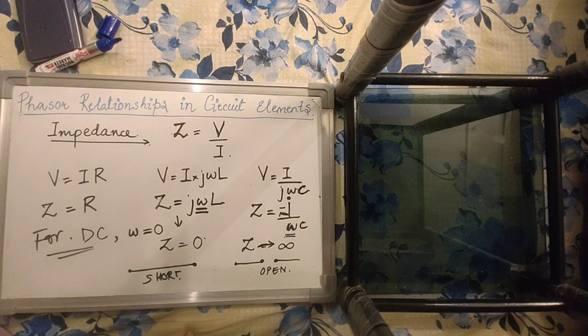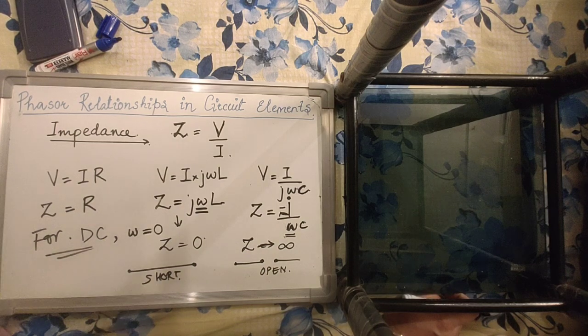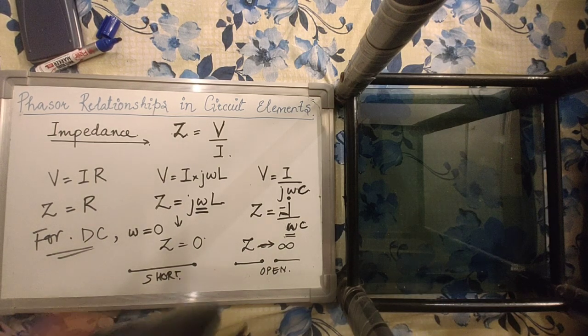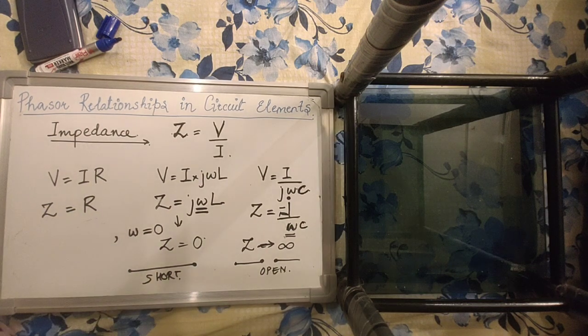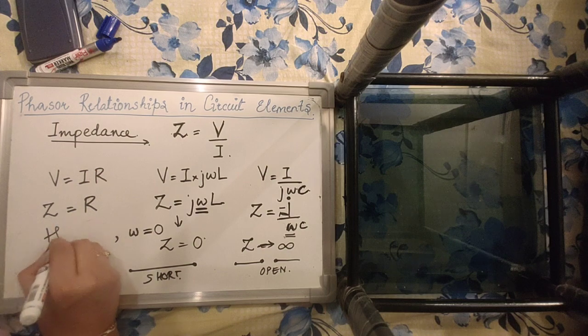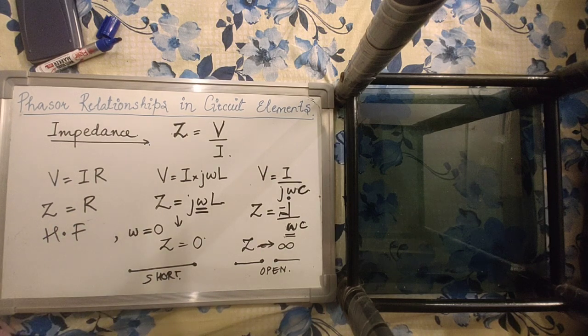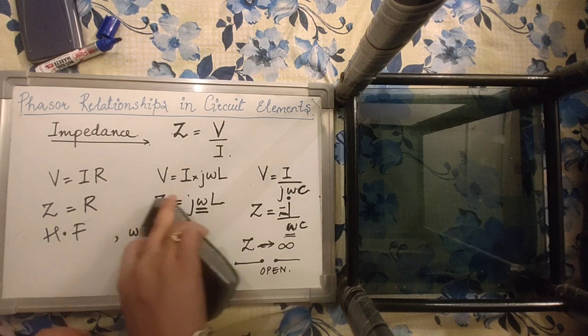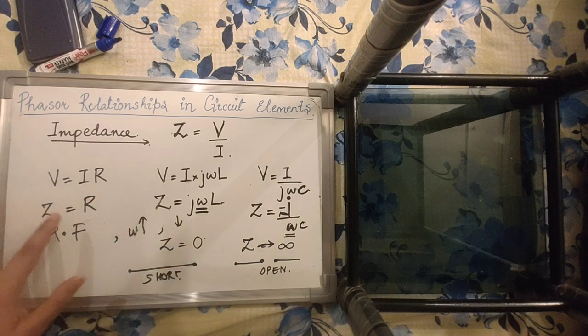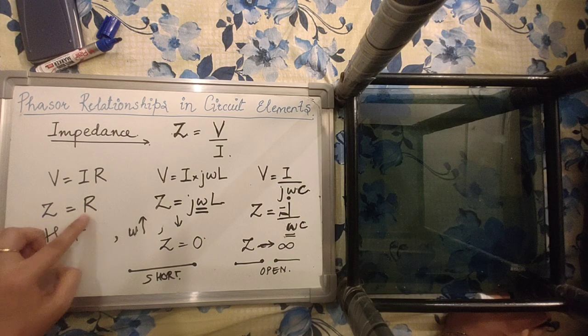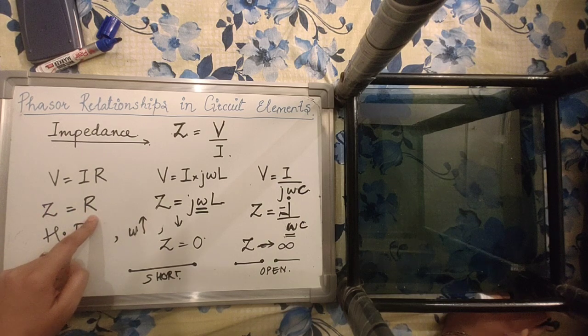Now, we did talk about zero frequency. What if we talk about the other extreme, that is very high frequencies, AC signals, not at 50 Hertz, but at very, very high frequencies. So let's discuss what happens when omega is very high. A resistive circuit will continue to offer impedance equal to its resistance because it is independent of frequency.